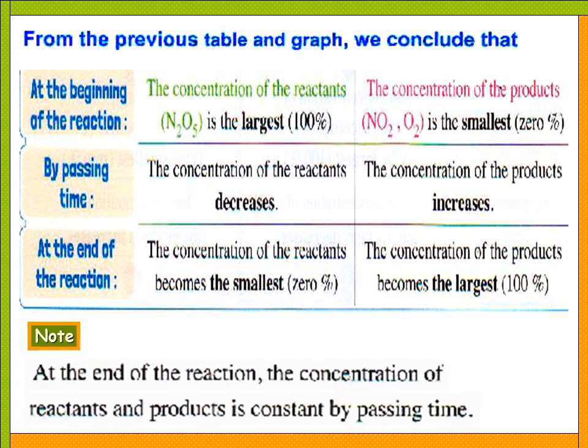So at the end of the reaction, the concentration of both reactant and product is constant with passing time. If we measure the concentration of each of them at any point in the middle, one of them increases and the other decreases in the opposite direction. Okay.